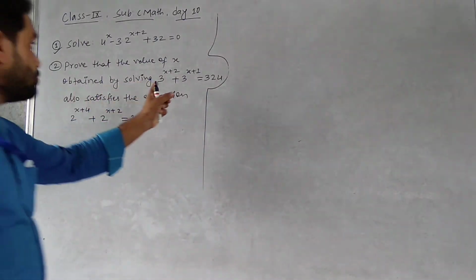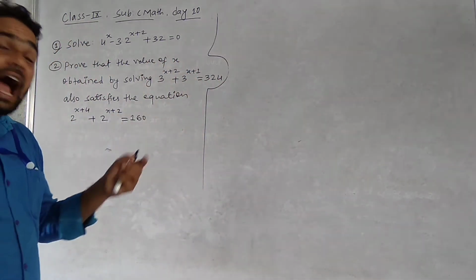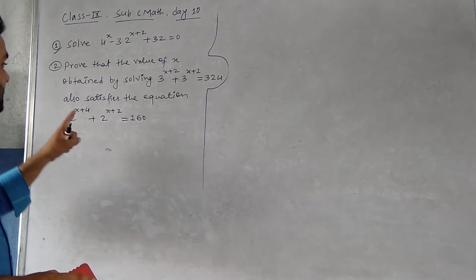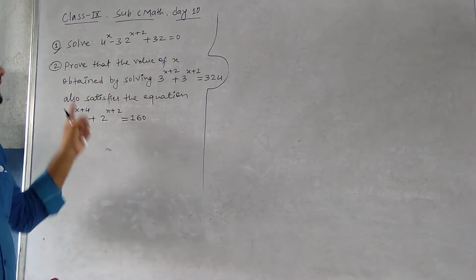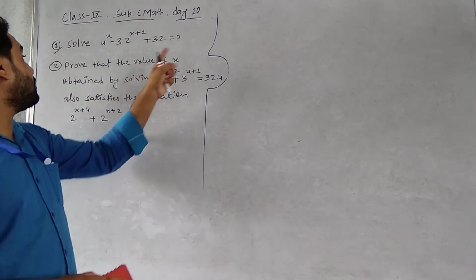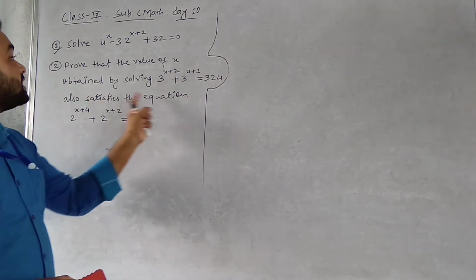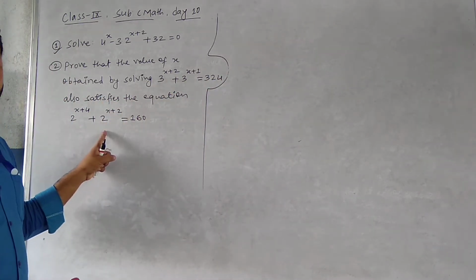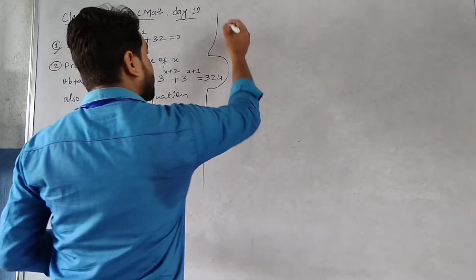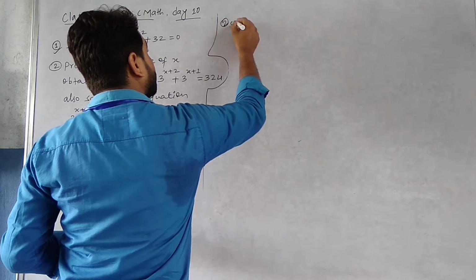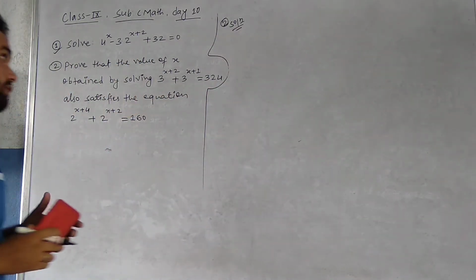From there we find the value of x, and that value we are going to put in the second, and if this satisfies, that means we have proved that the value of x obtained by solving the first also satisfies the second equation. So at first we are going to write the first equation here.